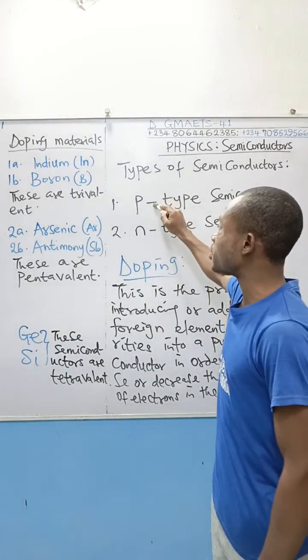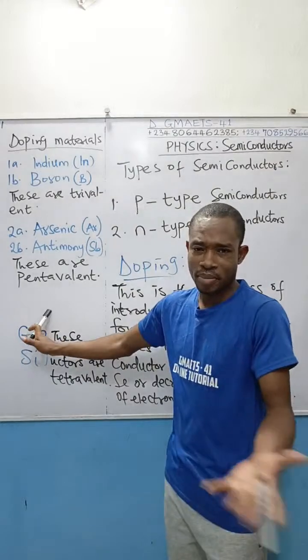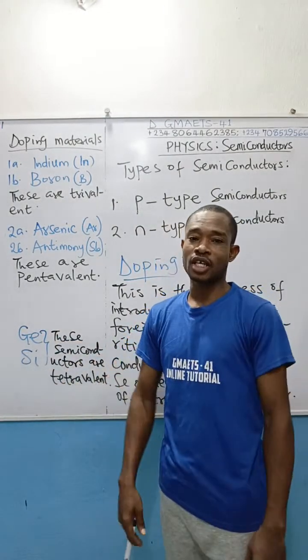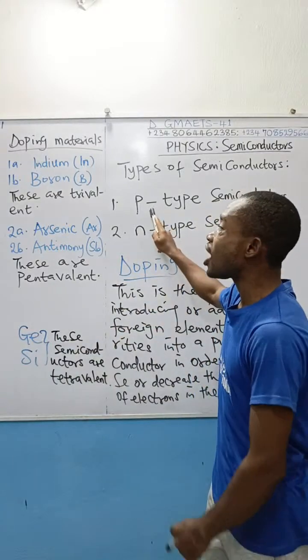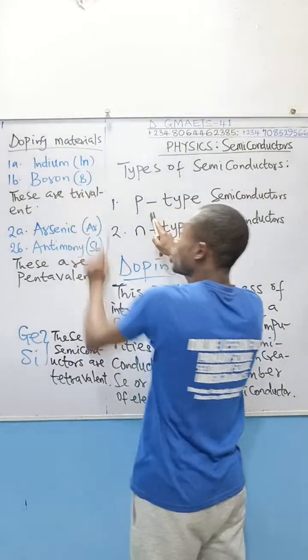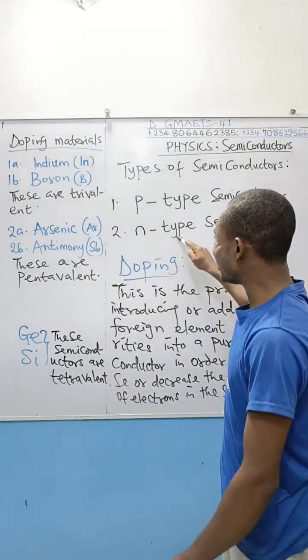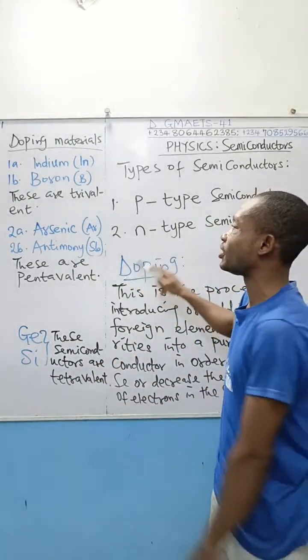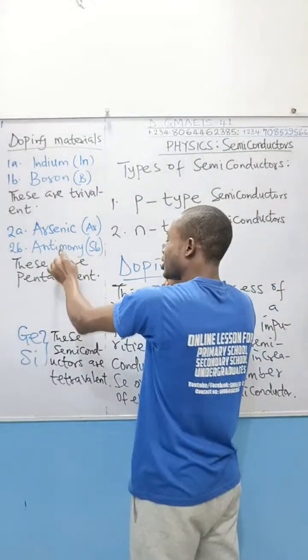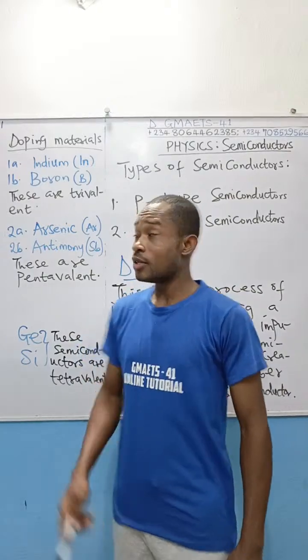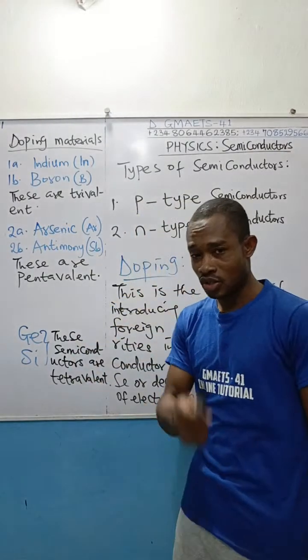It's still germanium or silicon, but not pure germanium, not pure silicon. In the P-type, you have either indium or boron inside this germanium or silicon. And in the N-type, which is also an impure semiconductor, you have either arsenic or antimony inside this germanium or silicon. So these are impure semiconductors. Take note.